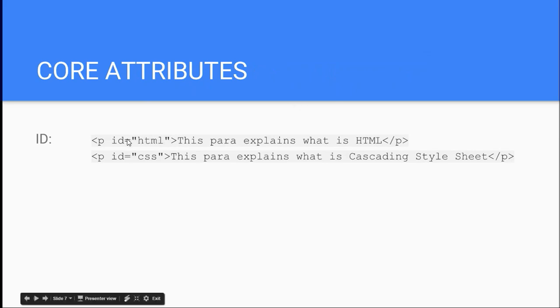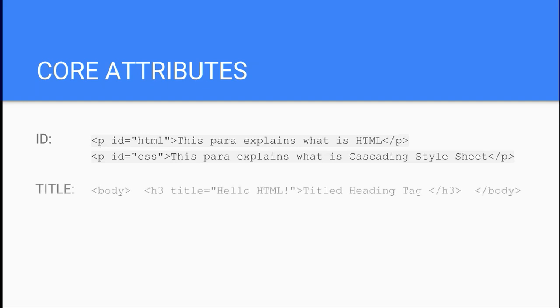Here we will give an ID and a value to that ID so that we can recall it, because this ID attribute is used especially in CSS or JavaScript. So we are not going too deep into this, because for beginners it's going to be a bit confusing. I will discuss ID when we go deep into HTML and CSS. Currently I'm just introducing ID as one of the core attributes, and the other one is title.